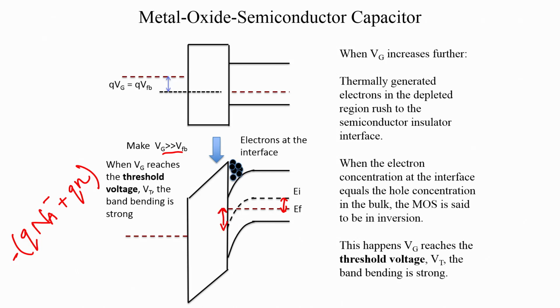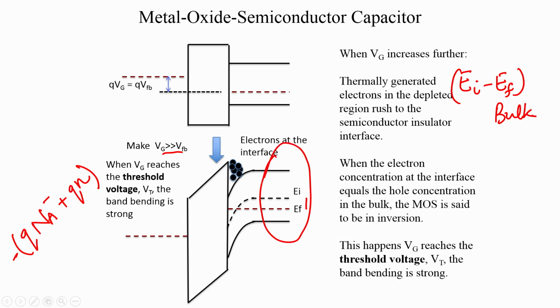So, let us define this energy difference, Ei minus Ef in the bulk of the semiconductor. Bulk means very far from the interface. This region here knows nothing about the junction formation; it is the semiconductor as it was. So, you have the Fermi level there, the valence band there, and the conduction band there.